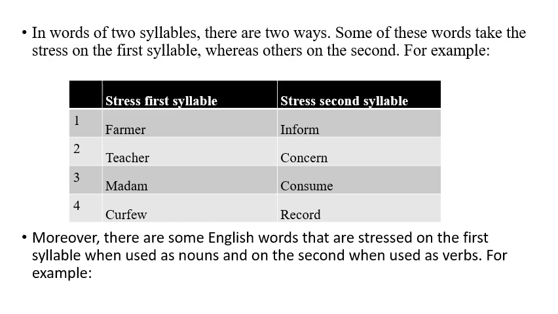Stress on the first syllable: former, teacher, madam, curfew, inform, concern, consume, record. All these are stressed on the first syllable when used as nouns, and on the second when used as verbs.